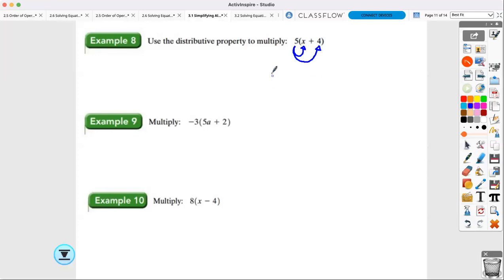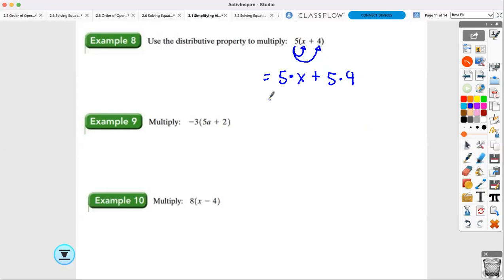So we're going to do equals 5 times the x, and then it's a plus, right? Plus 5 times 4. We're multiplying the 5 with both the items or terms inside the parentheses.